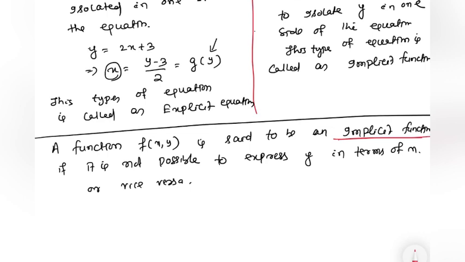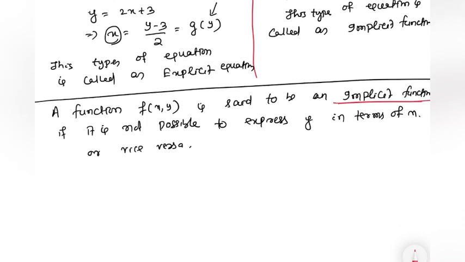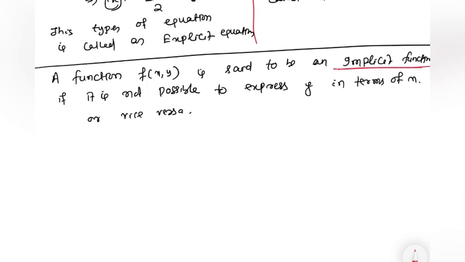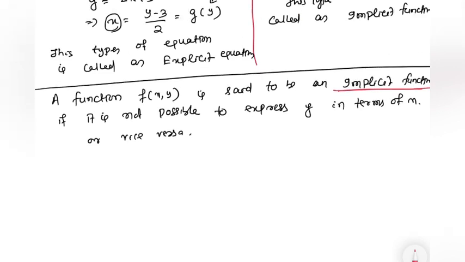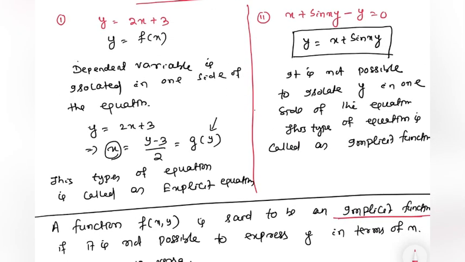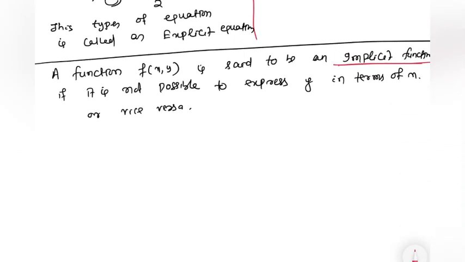So next, what will happen? In this case, how do we find the derivative of implicit functions? Let us take the above question, x plus sin xy minus y is equal to 0.